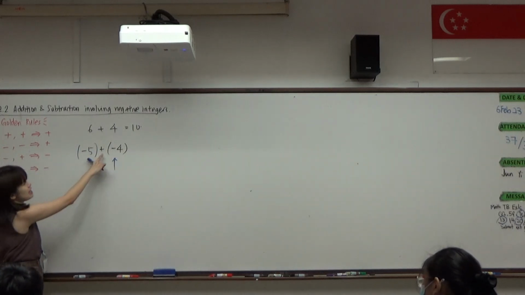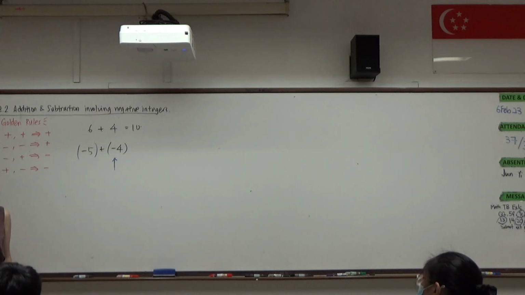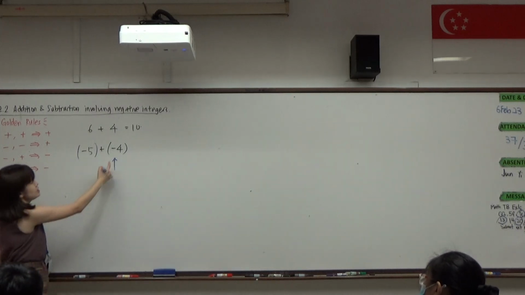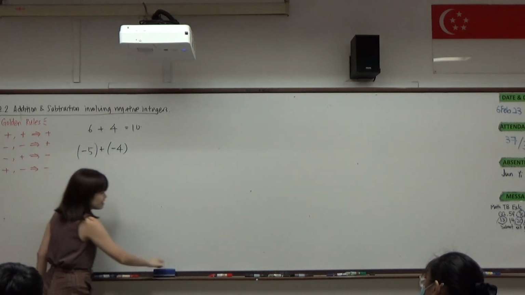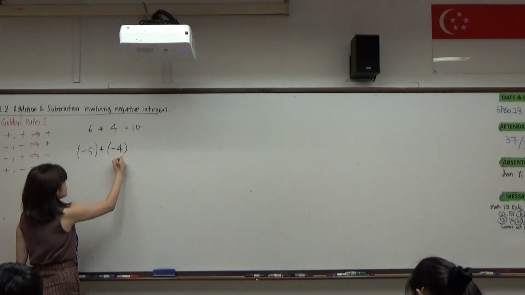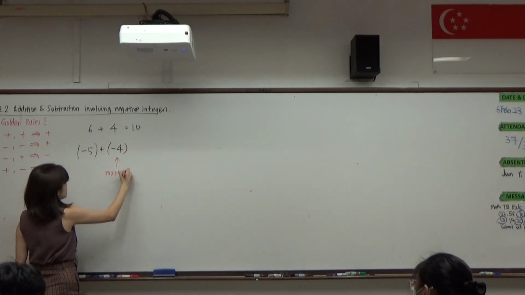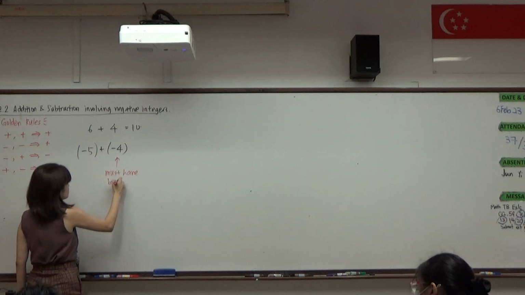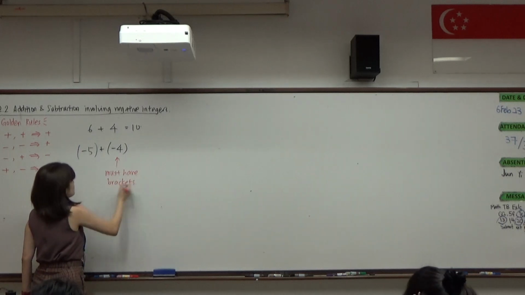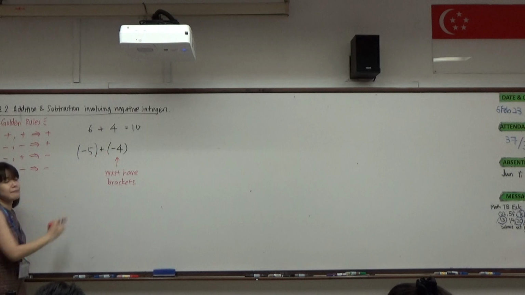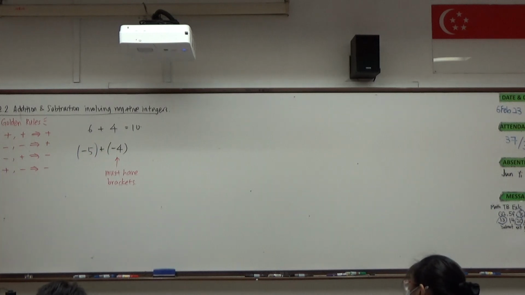You cannot have plus and minus side by side without any brackets. So this one here must have brackets, because plus and minus cannot be side by side.